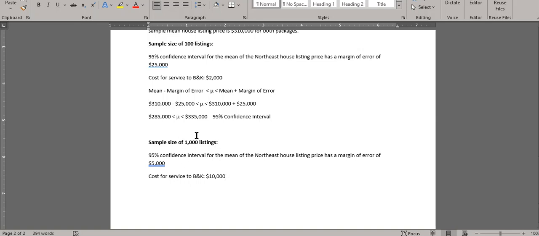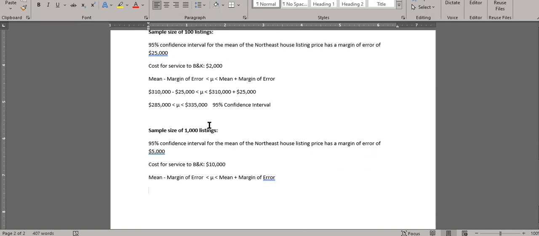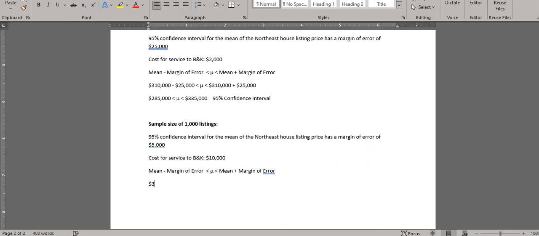Okay, so now let's do the calculation for the 95% confidence interval in this 1,000 listings. We're going to copy the formula and I'm going to copy it down here. Remember, the mean for both is going to be 310,000 listing price. So 310,000 minus the margin of error.